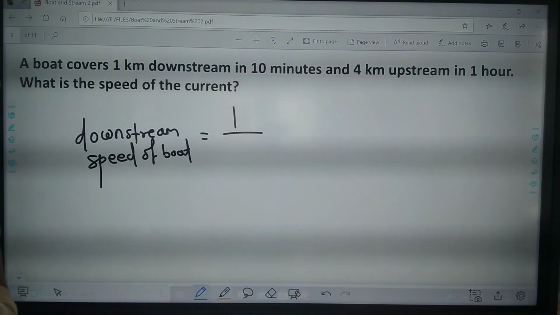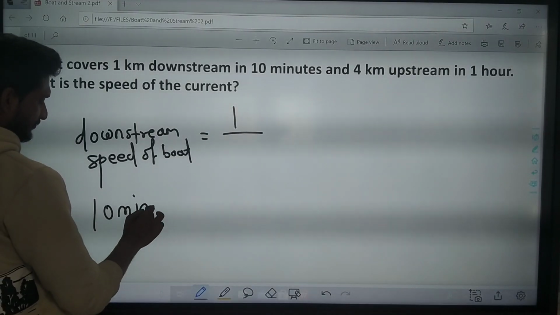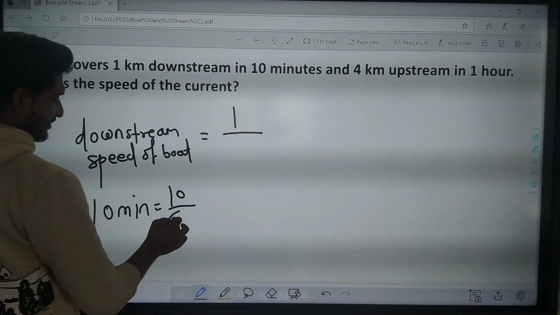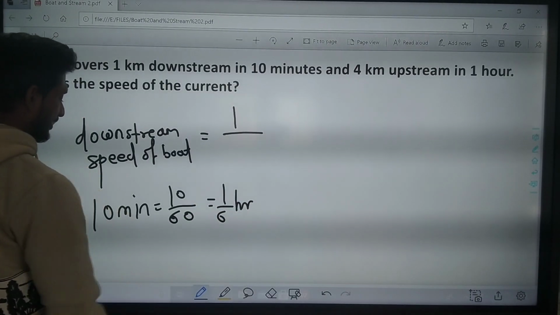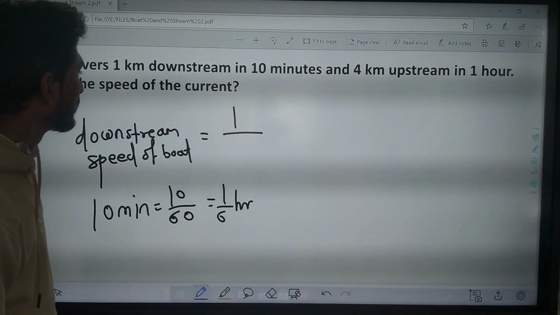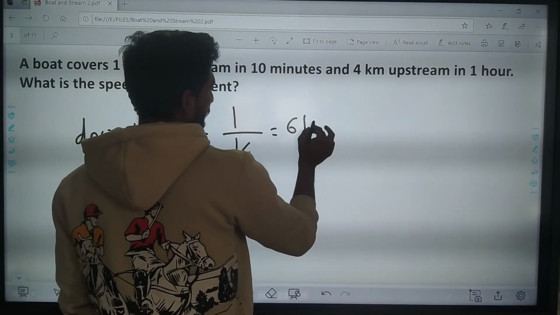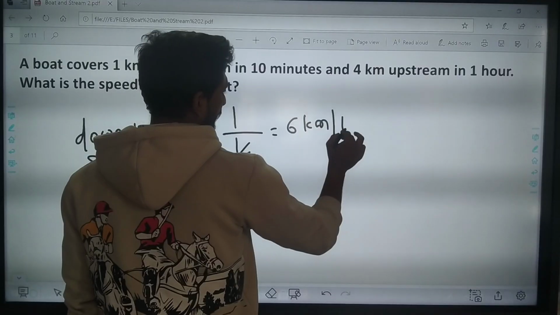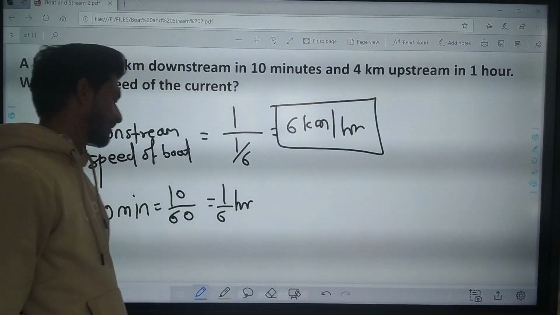10 minutes means how many hours? 10 by 60 hour, that is 1 by 6 hour. Then 1 upon 1 by 6 is 6 kilometer per hour. Your downstream speed is 6 kilometer per hour.